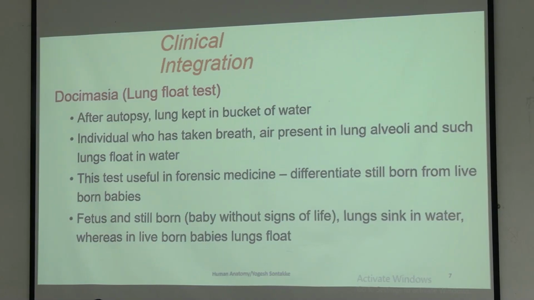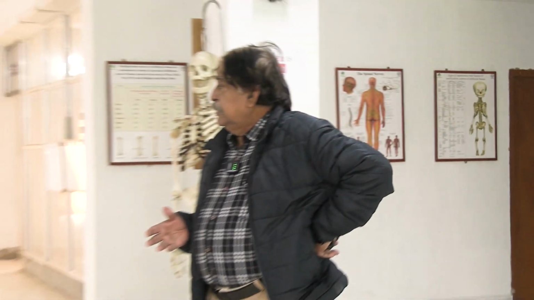So, if the baby is stillborn, then the lung sinks in water, whereas in liveborn babies, lungs float. Because sometimes we see premature delivery. Premature delivery can be at 16 weeks, 14 weeks, 22 weeks, sometimes full term.